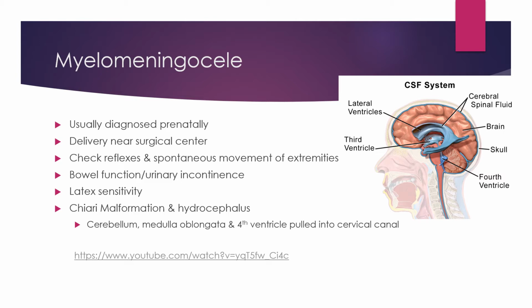And that can cause obstruction of the flow of the spinal fluid. And so these kids often end up with subsequent hydrocephalus. It goes along with the spina bifida or myelomeningocele. So they're high risk for hydrocephalus.